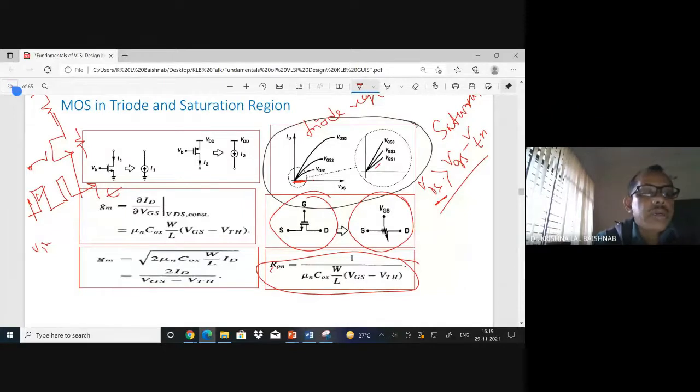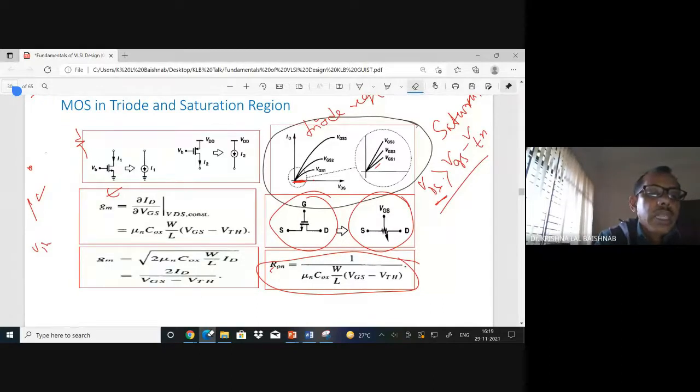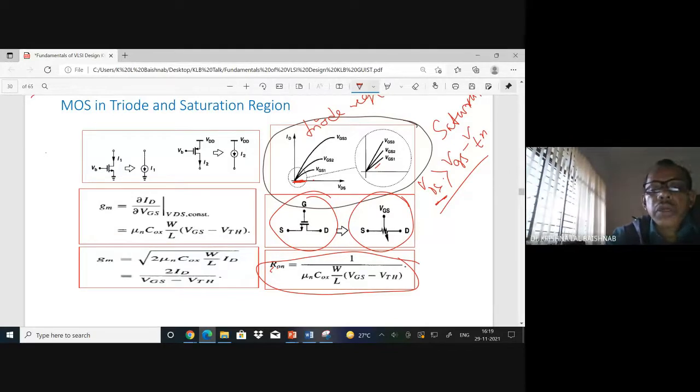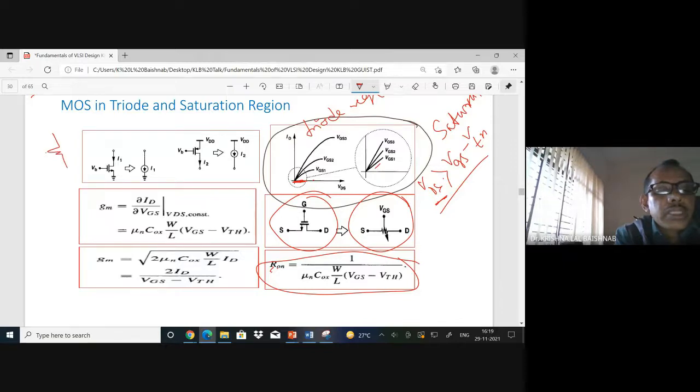Point to be noted. Again, I am erasing this part. In a pulsing circuit, what we call a digital circuit, we have a resistance and we have a driver. In the driver, we put VIN. This is a graph, this is the time scale.